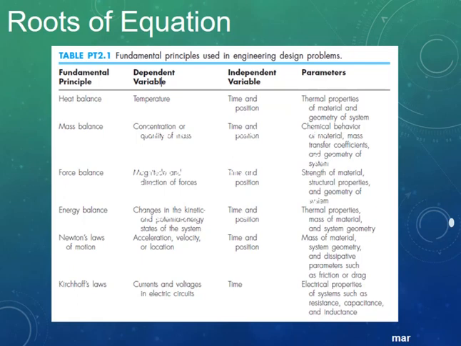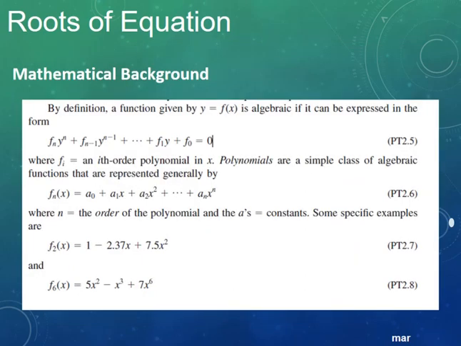Okay. So by definition, a function given by y is equal to f of x is algebraic if it can be expressed in the form f of n y raised to n plus f of n minus 1 times y raised to n minus 1 plus f of 1 y plus f of 0 is equal to 0, where f of i is equal to an ith order polynomial in x.